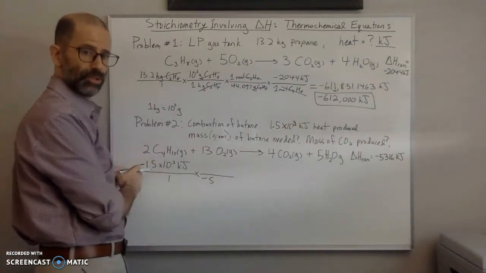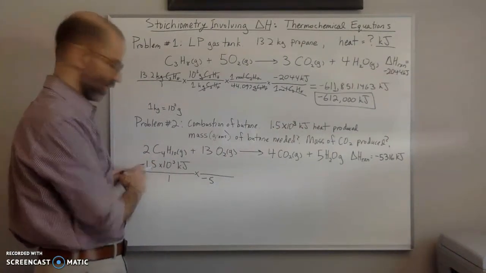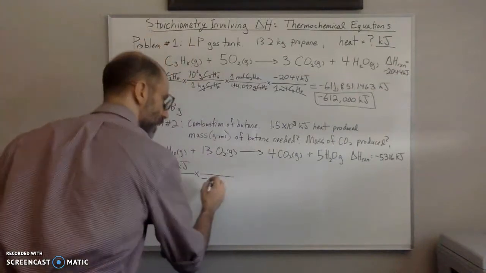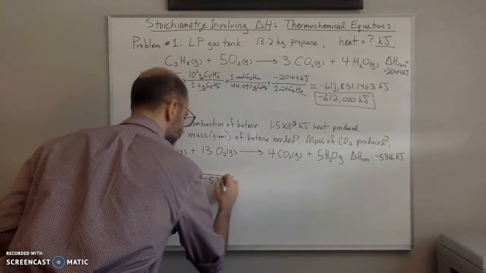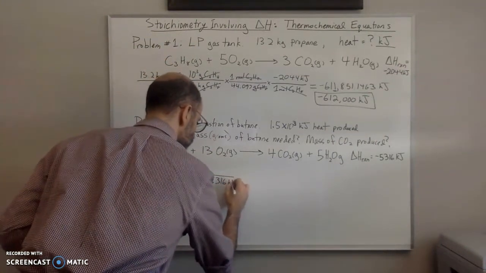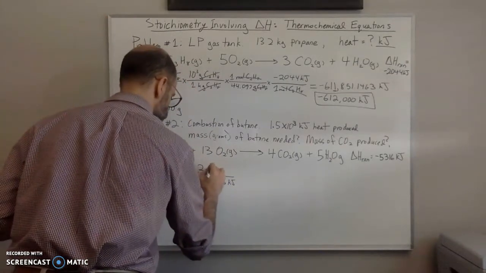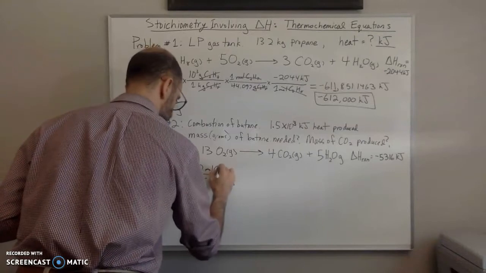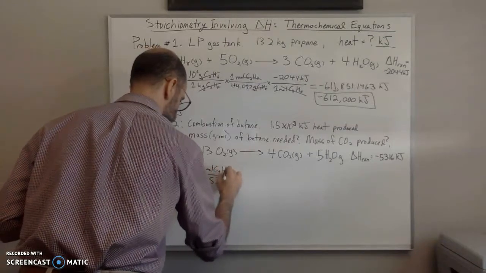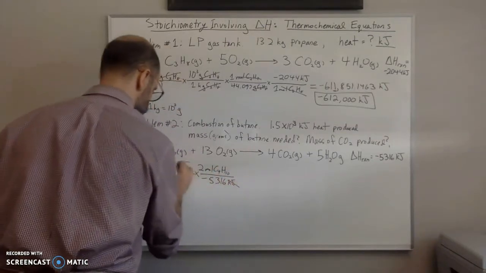Since heat is produced from the reaction, it's negative. So negative 5,316 kilojoules for every 2 moles of butane, C4H10. So kilojoules cancel out.